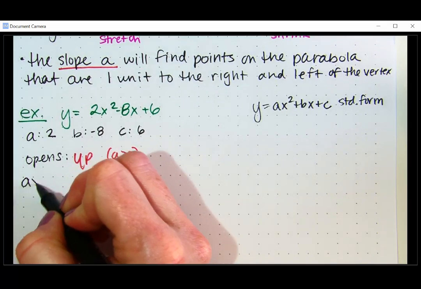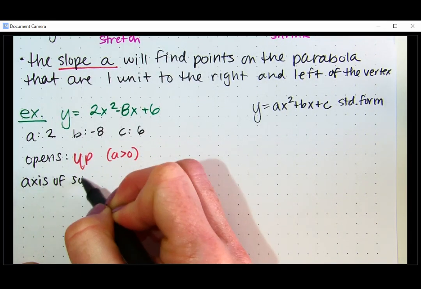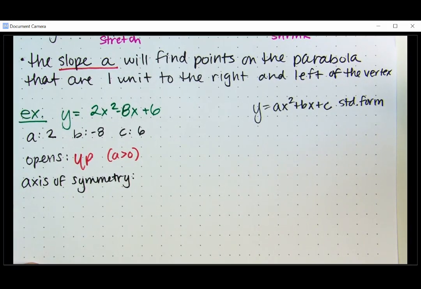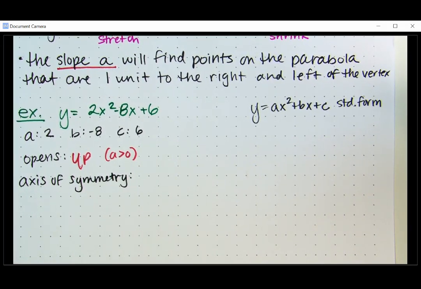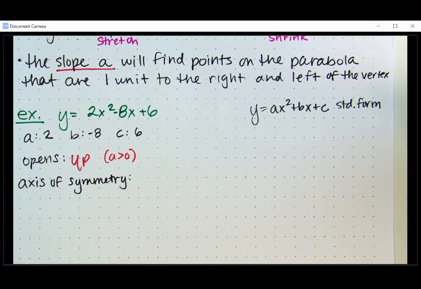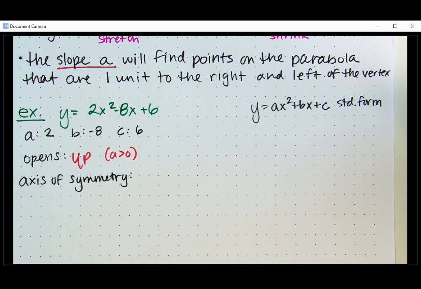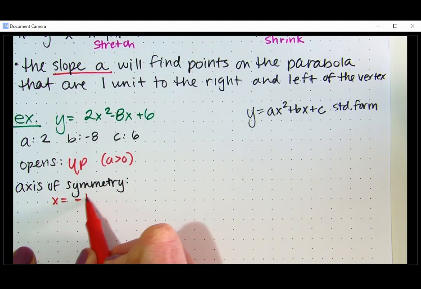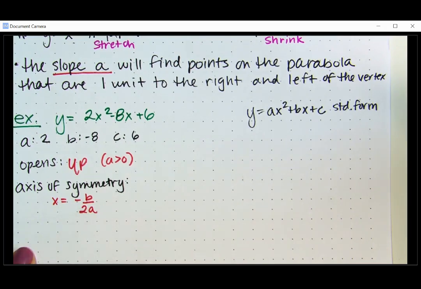Next, we're going to look at the axis of symmetry, because that's going to be important for us to know where the mirror line is going to be. So to do this, we are going to take our formula, negative b over 2a.